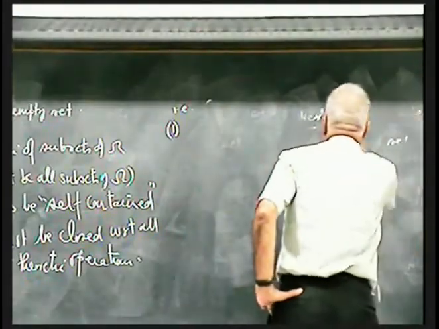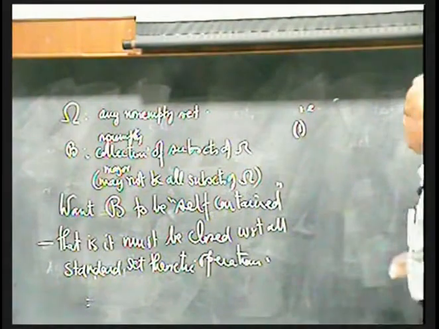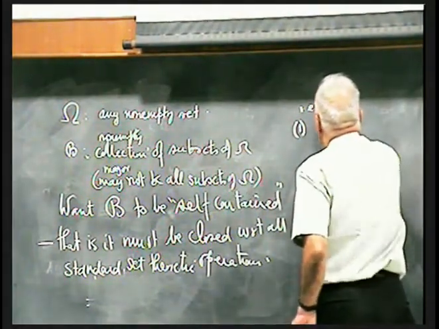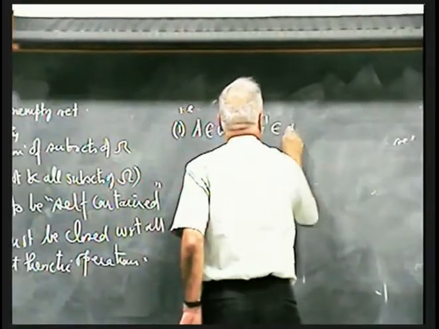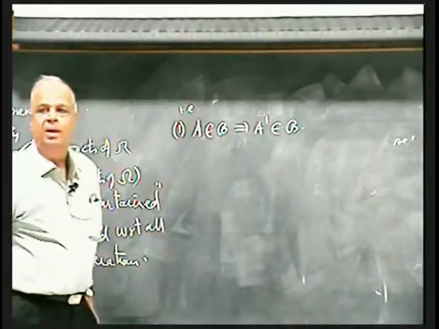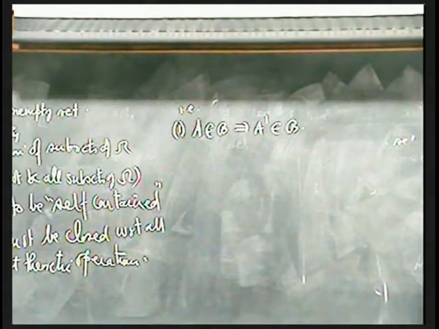Of course, I assume this collection to be a non-empty collection. There are at least some subsets of omega in it. One, if A is in B, A complement must also be in B. That is, it is closed under complementation. If somebody is there, his dual must also be there.